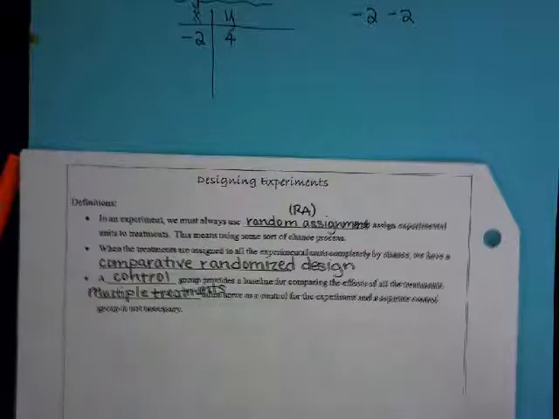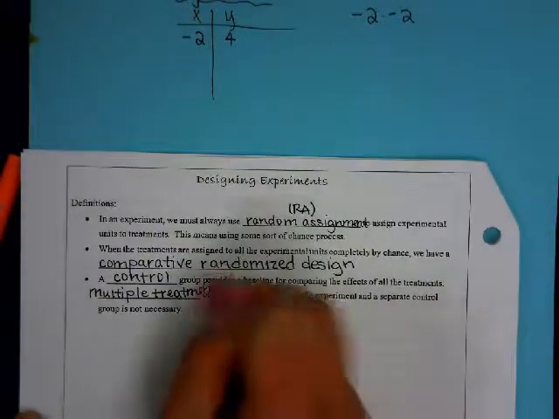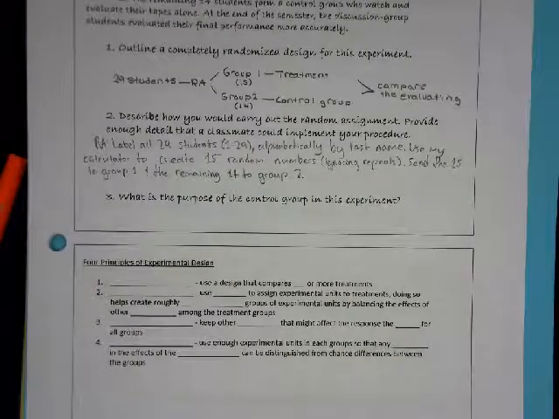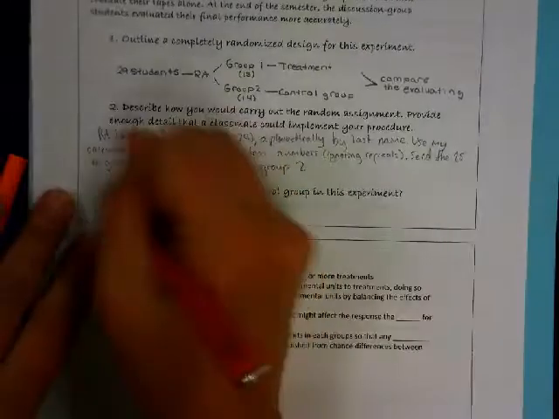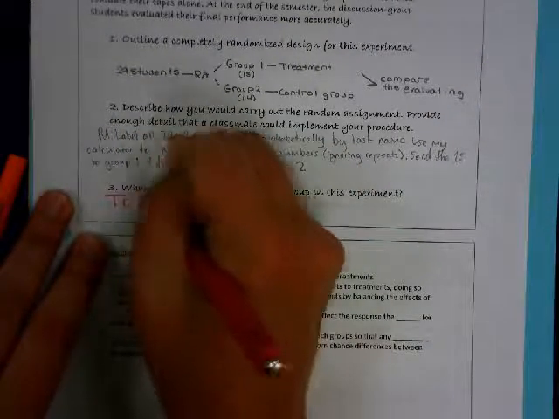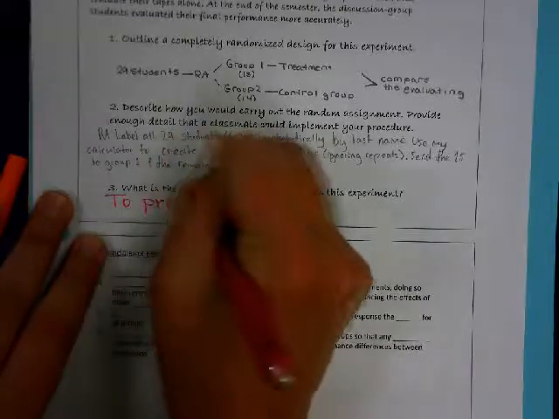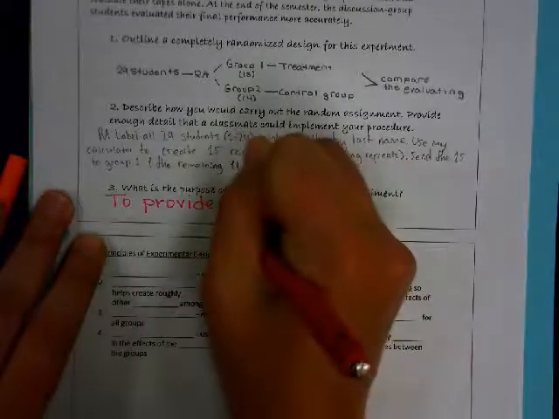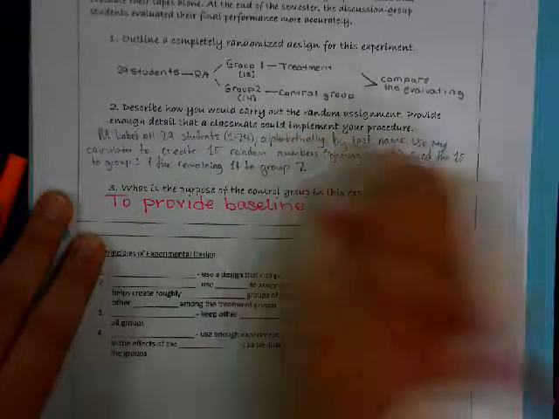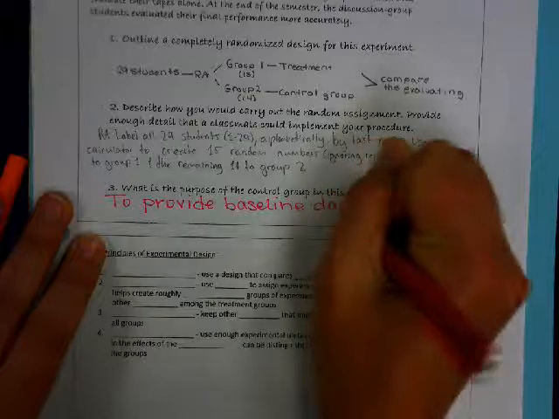So you need to have something about it's to provide a baseline to compare the treatment to. So we have to provide baseline data for comparison. Like I said, most of you were halfway there. But you do need to have the whole baseline part of the definition in there.